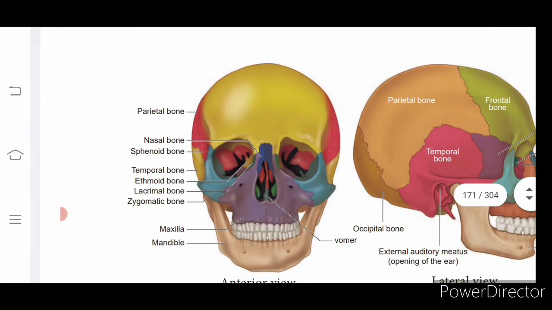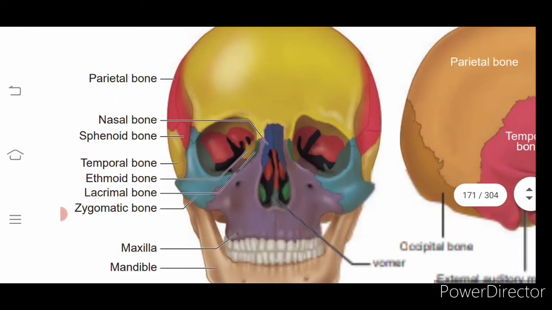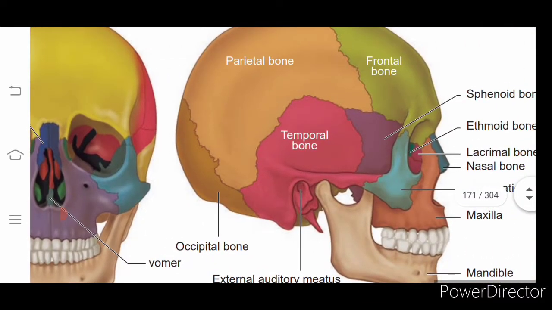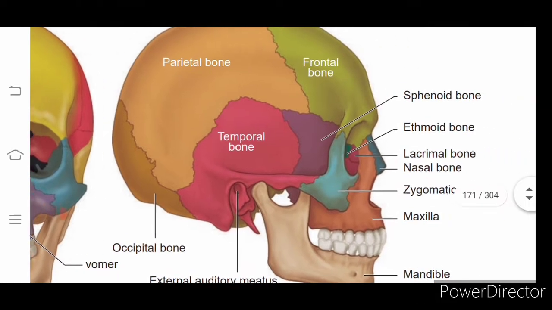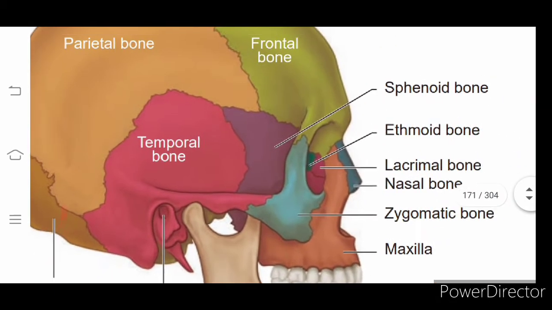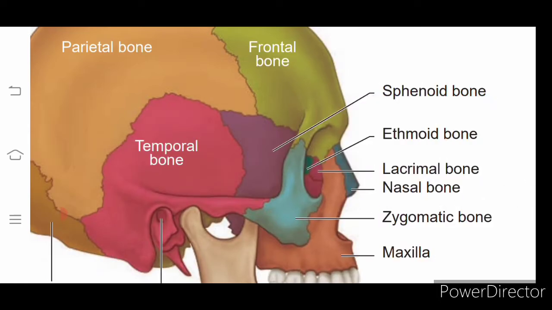You can very well see here the temporal bone. You can touch and feel your bone. Parietal, occipital, frontal. Then you can see the ethmoid bone, which is just below the nasal region.